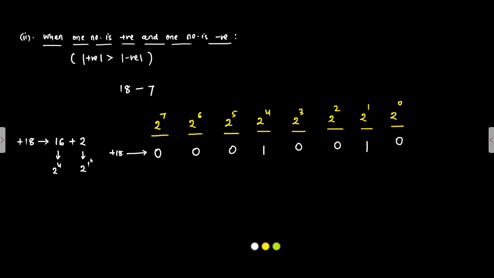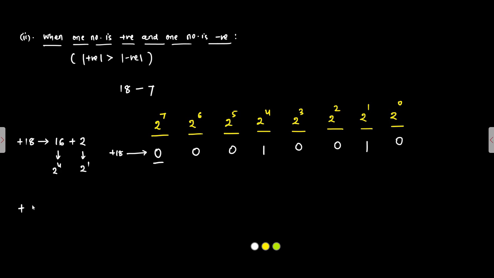Then we have minus 7, but for that first we have to represent it in positive format, plus 7. Now here if you see, the MSB or sign bit is 0, which of course for positive numbers will be 0. Then in order to represent minus 7, first we have to represent plus 7, then take the 2's complement of it.